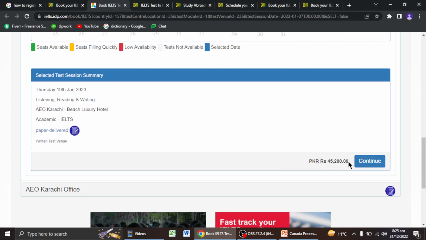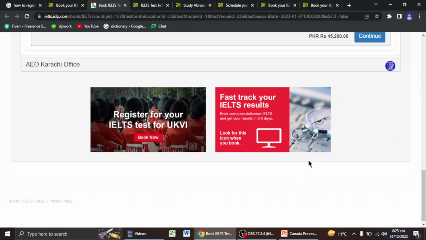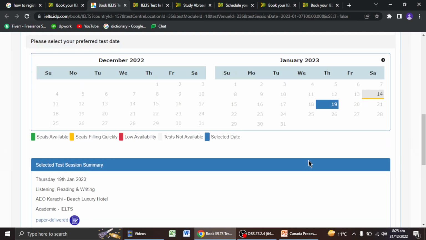Now here is the price of the test. In another page, there was a price mentioned as 39,500 rupees, but these are the taxes and everything added. It's 45,200 Pakistani rupees, PKR. So this is what you should have in mind when you're registering for the test.